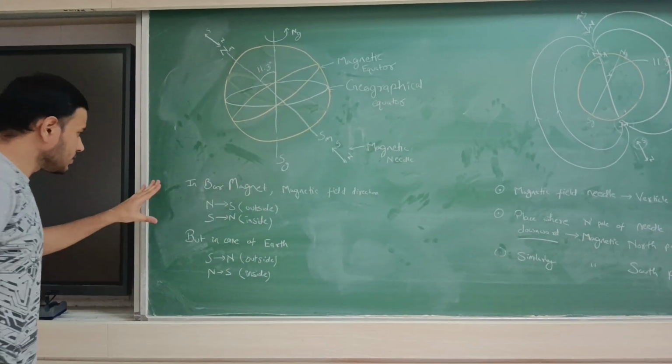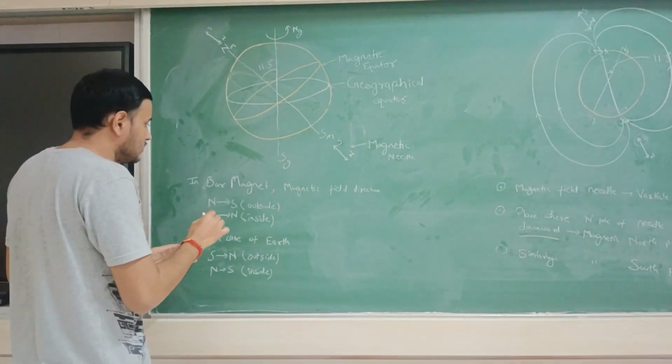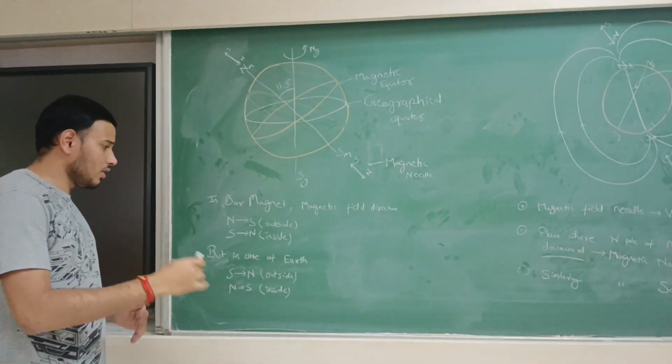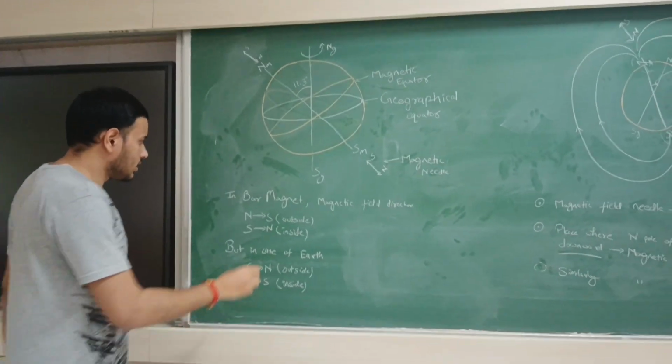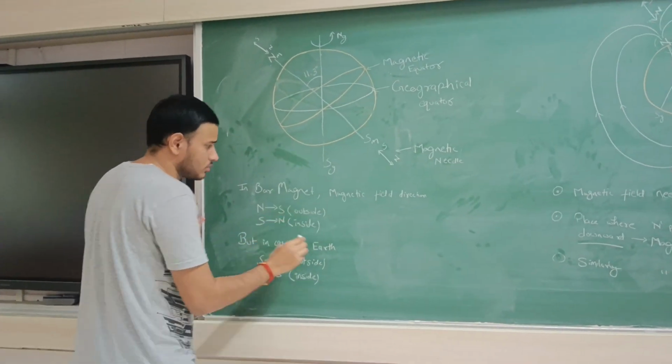One also interesting point to note here is that there is a difference between the magnetic field in the bar magnet and the magnetic field direction in the earth. In the case of a bar magnet, the magnetic field outside is from north to south.